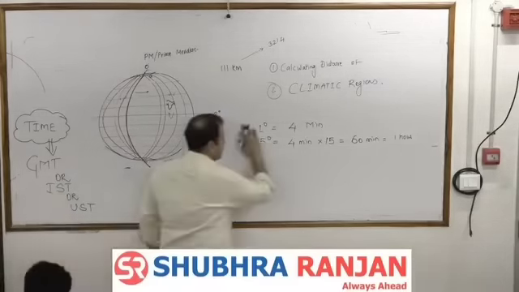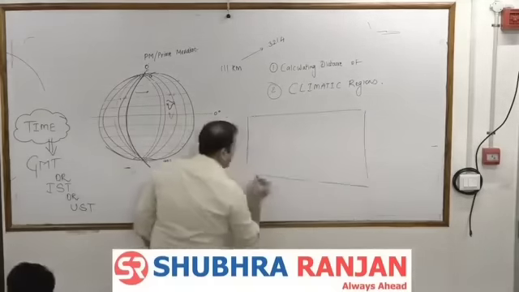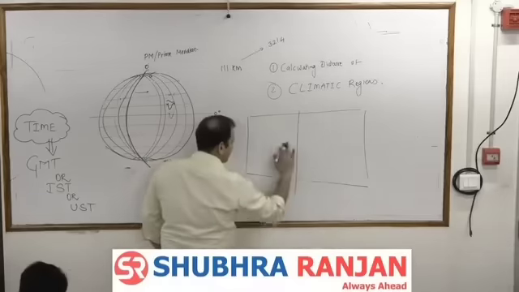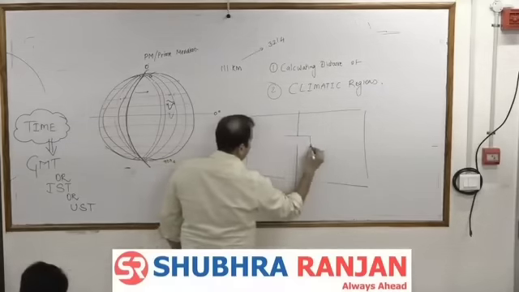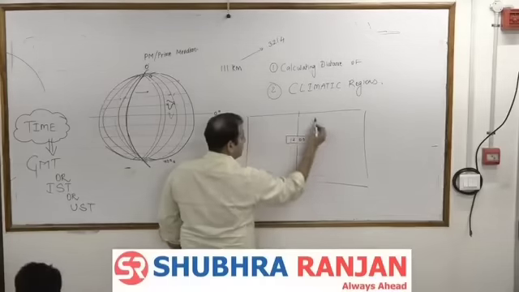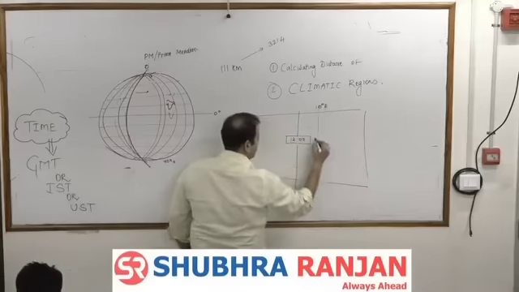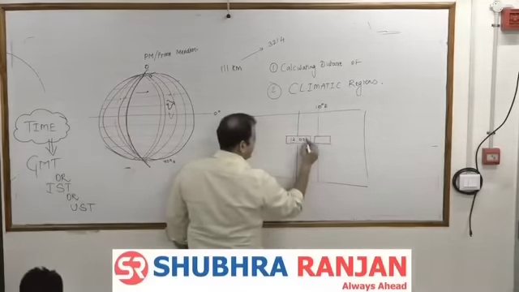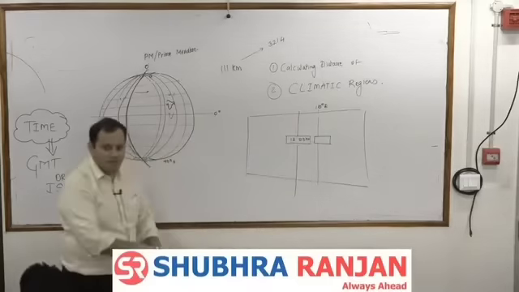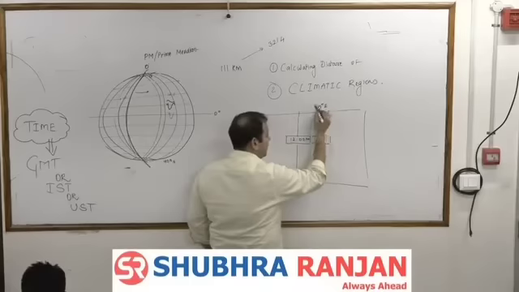On this earth, if this is the 0 degree longitude and here it is 12 AM, what will be the time at 15 degrees east?